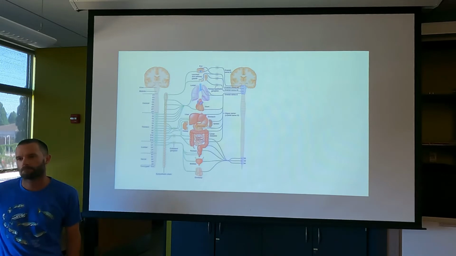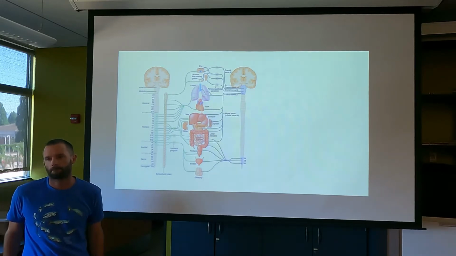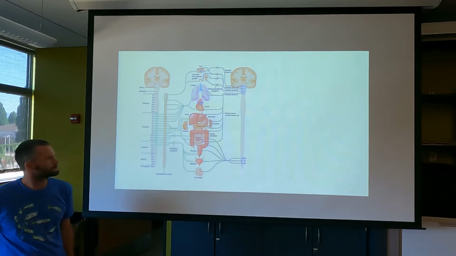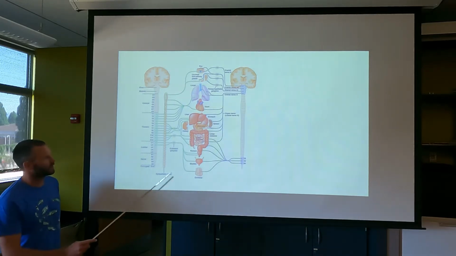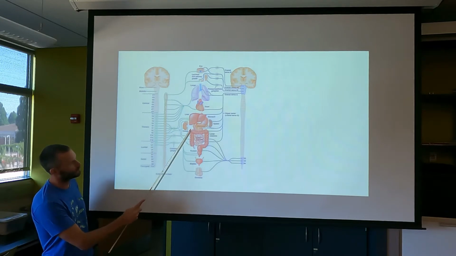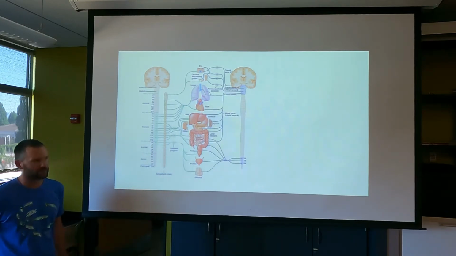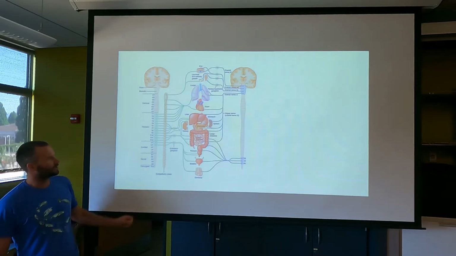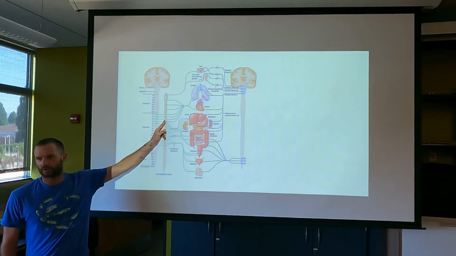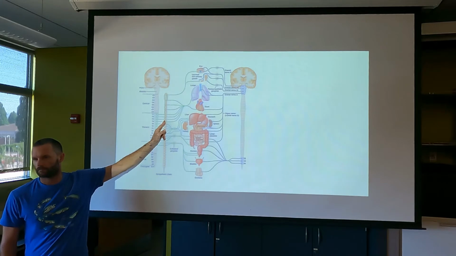It takes two motor neurons, two sympathetic neurons to get from the spinal cord to the effector organ, and most of those sympathetic neurons are going to synapse with each other in the sympathetic chain.